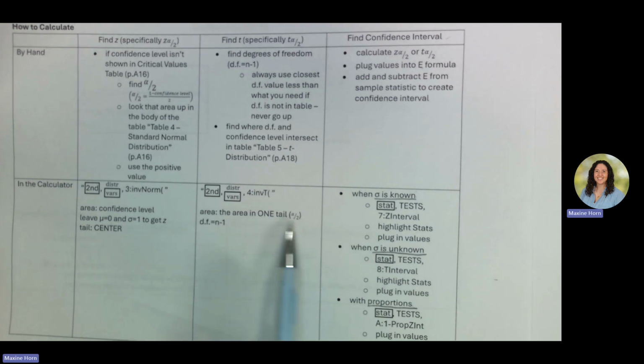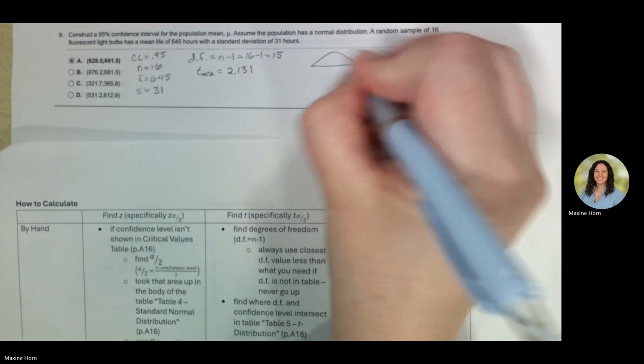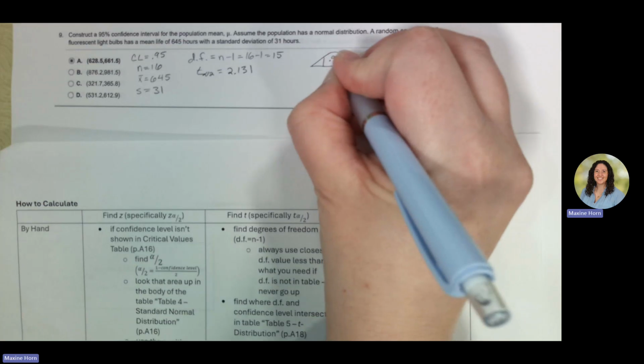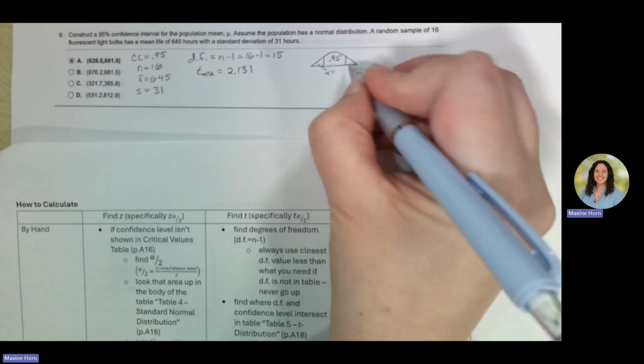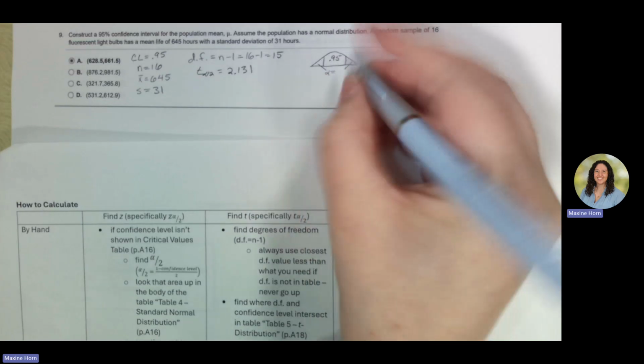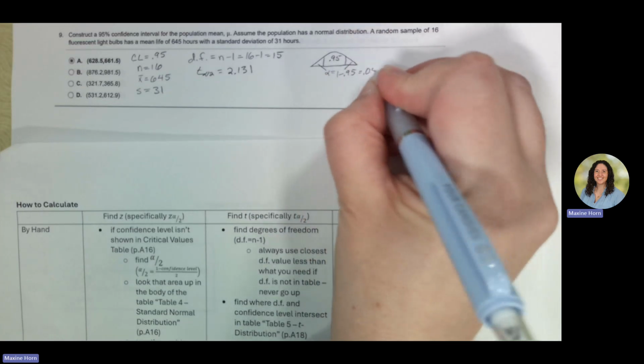So first of all, you have to actually find your alpha halves. You have to find the area in one tail. So remember, confidence level of 0.95, your alpha is going to be the area in both the tails together, so 1 minus 0.95, so 0.05.